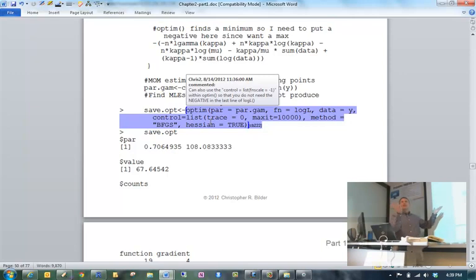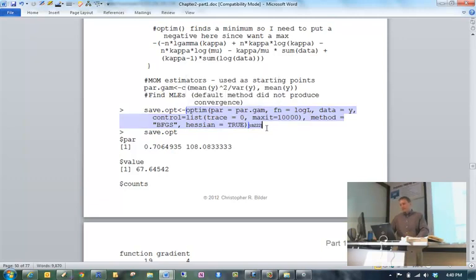You can use it if you want. It's just that when I was updating my notes, I came across this in my research in the last year. There is now a way to get around this kind of odd aspect of having to minimize the negative log likelihood function. In the end, you get the same answer, so no big deal. Okay.